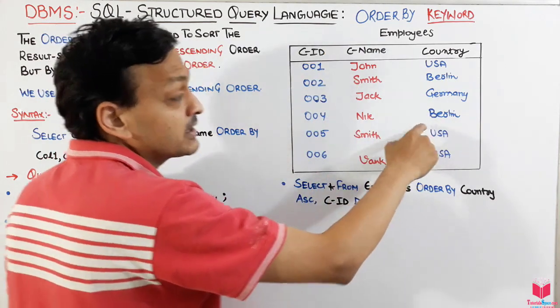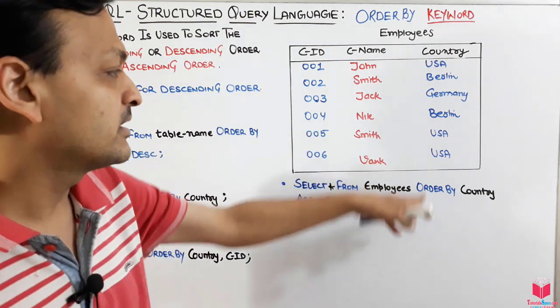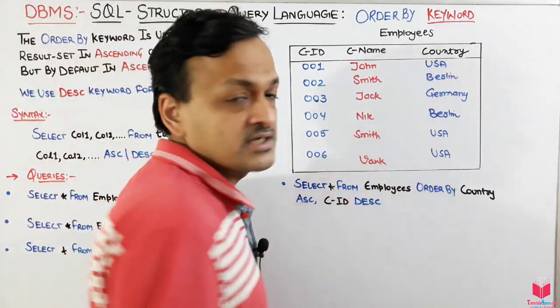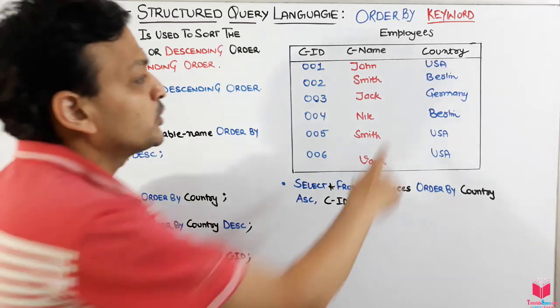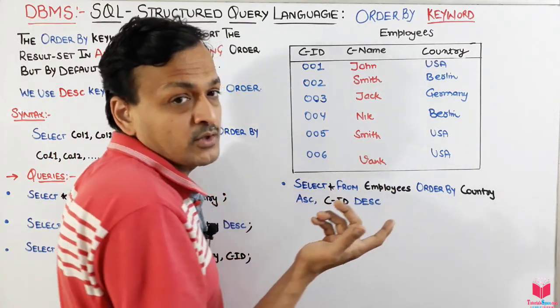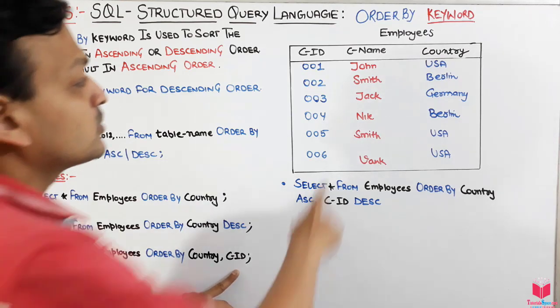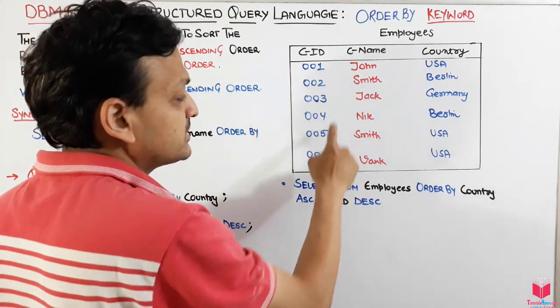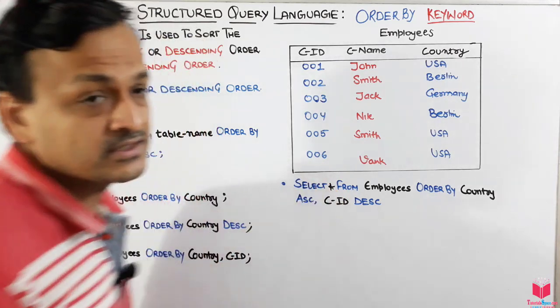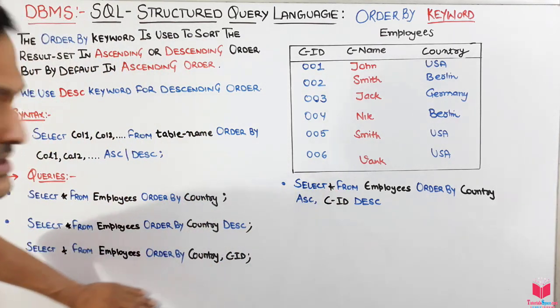After that Germany, and we do not have more Germany. Then comes USA, and whichever USA comes depends on the CID. So CID 001, then 005, then 006. This will be the order of this output.